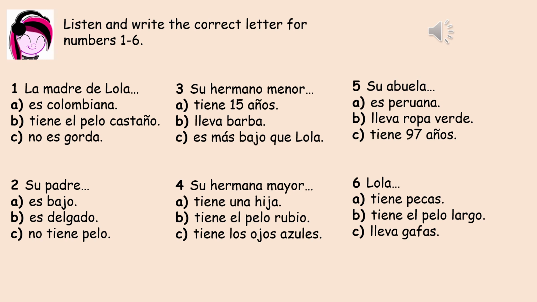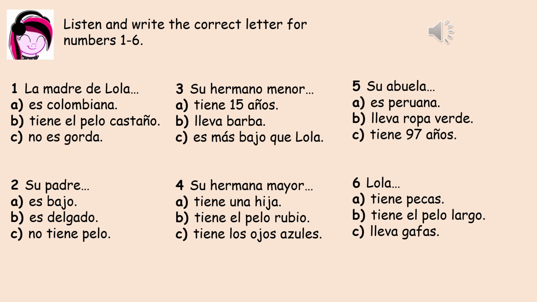Okay, excellent. So, number 1, the answer was C. Number 2, the answer was C as well, because they said es calvo, so therefore he doesn't have hair, no tiene pelo. Number 3 was C, es más bajo que Lola, is shorter than Lola.